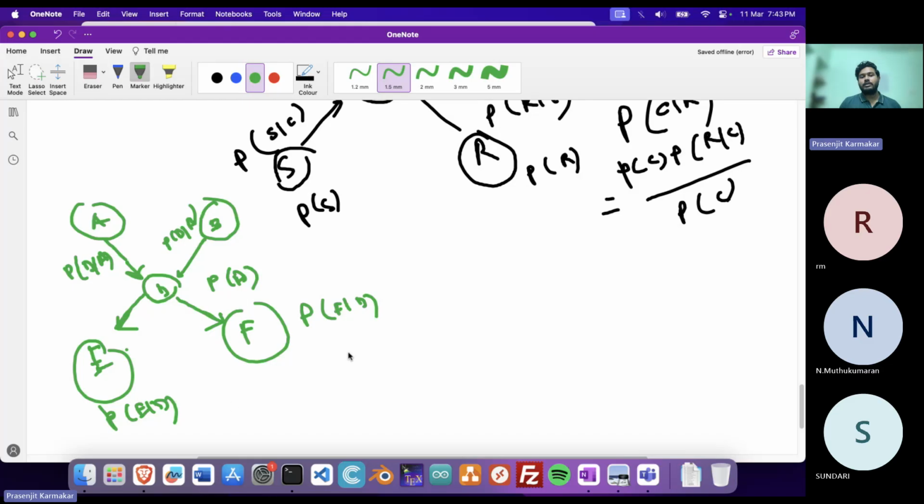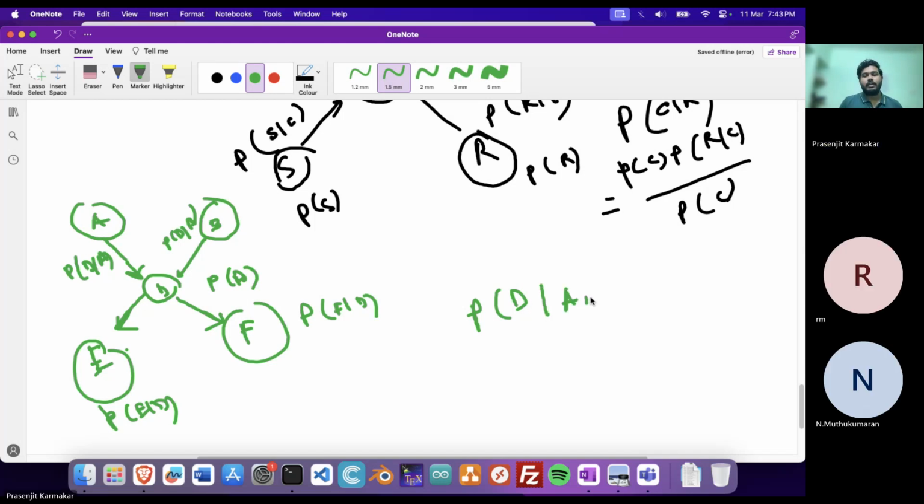Now you are asked to compute probability of D given A, B, C, and D. Okay.